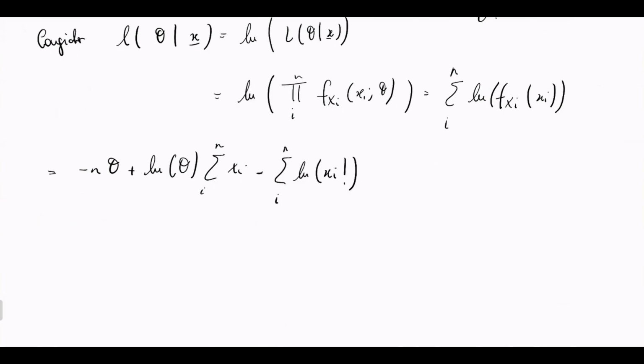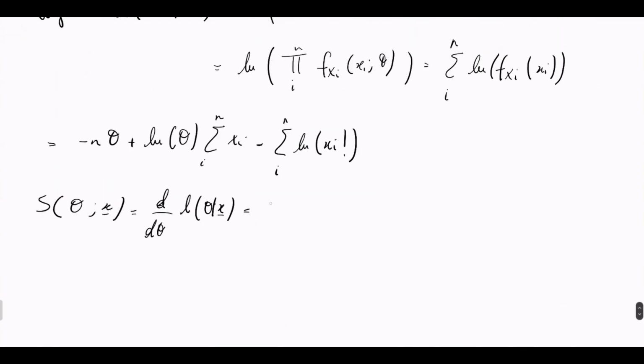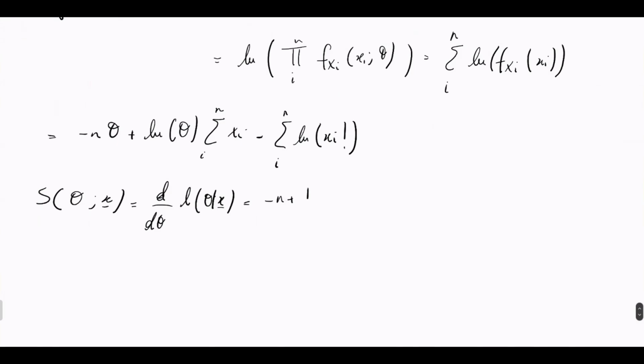Right, so the score function, which once again is the derivative of the log likelihood with respect to theta, is going to be minus n plus the sum of xi over theta. The other term does not have theta, so it is equal to 0 once you take the derivative. Perfect.